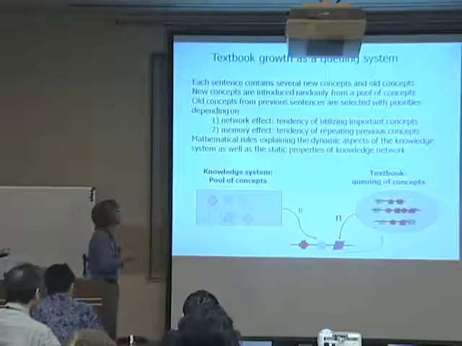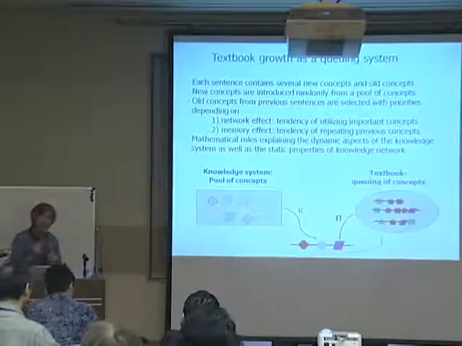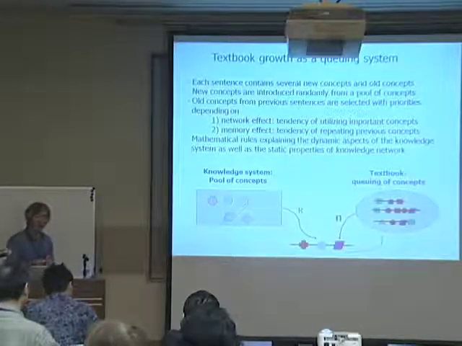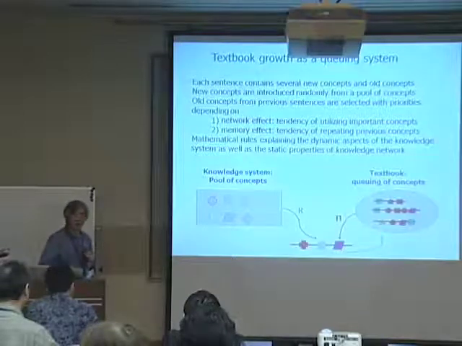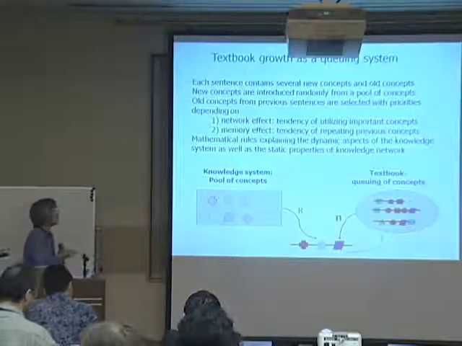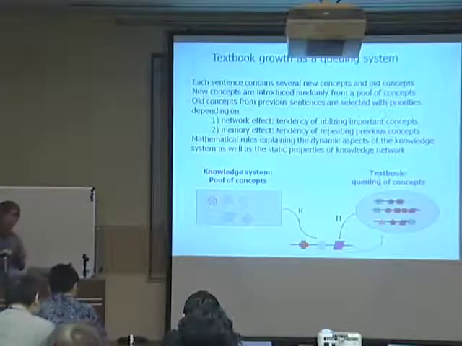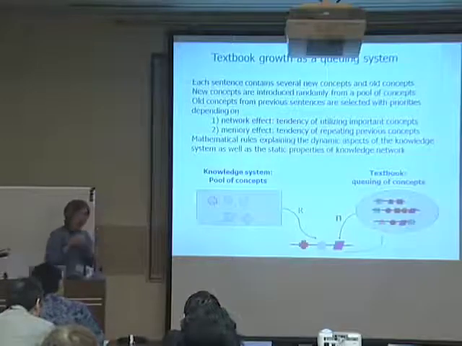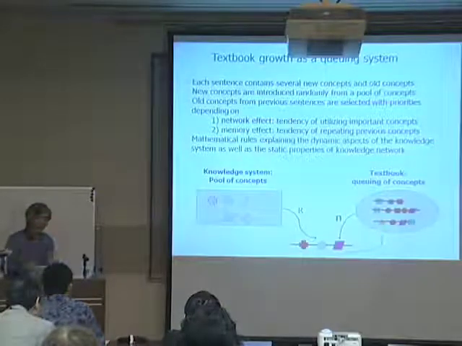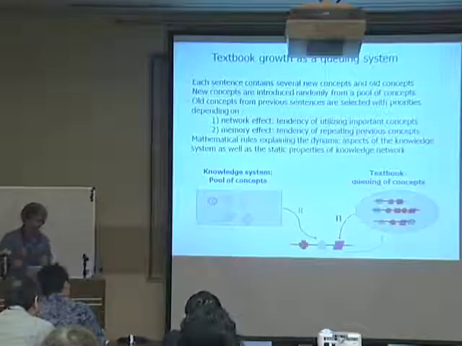We call this the net effect. Also, we have a tendency of repeating concepts used just previously. We call this the memory effect. By these two effects, we are going to explain all the static properties of the knowledge network and the dynamic properties of textbook flows.